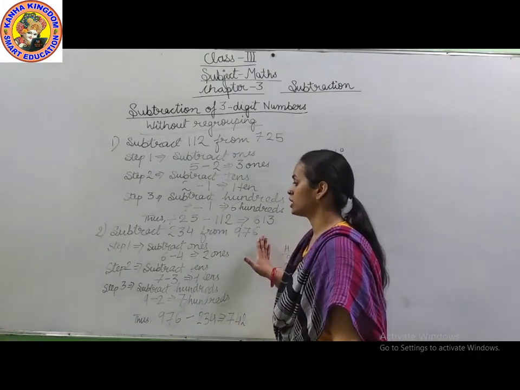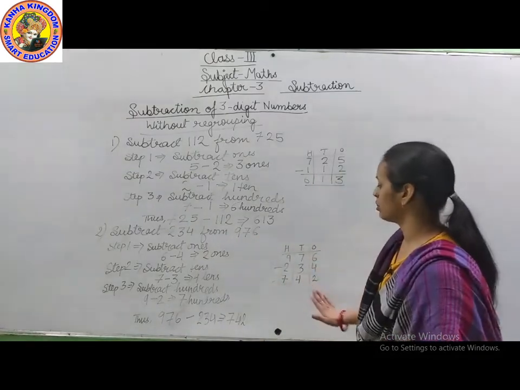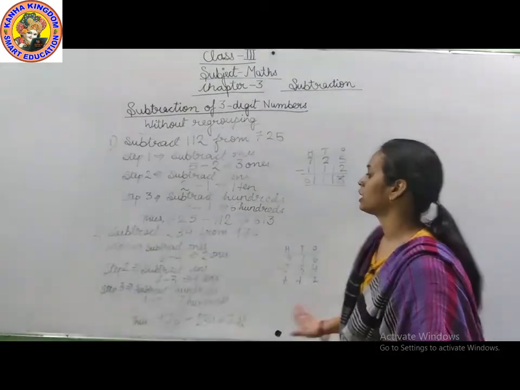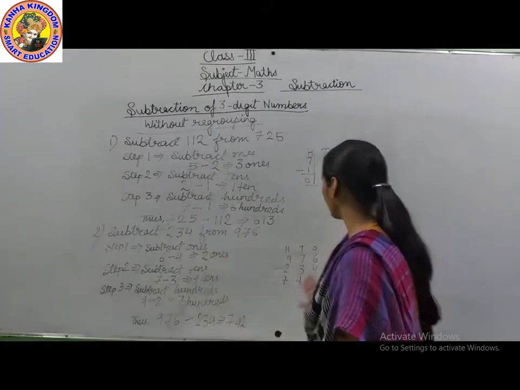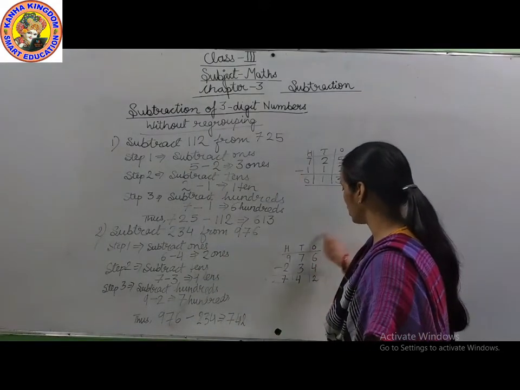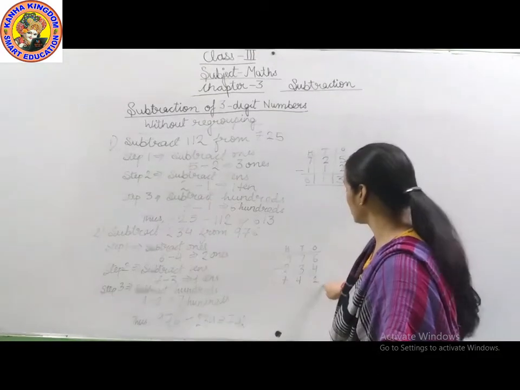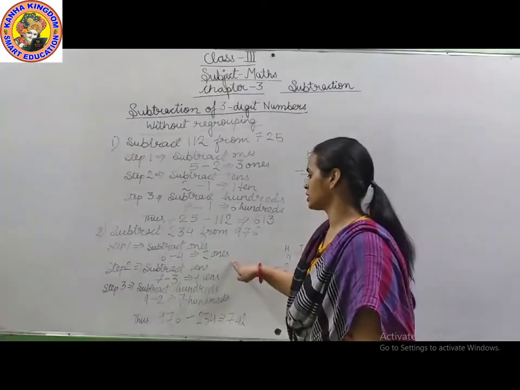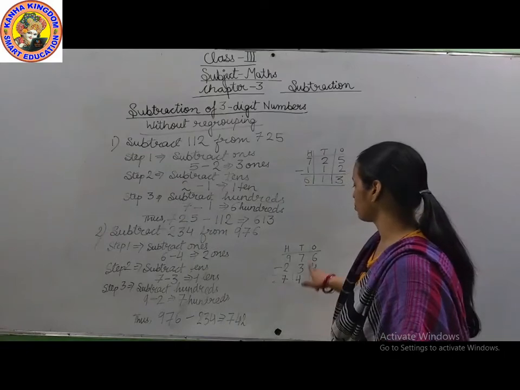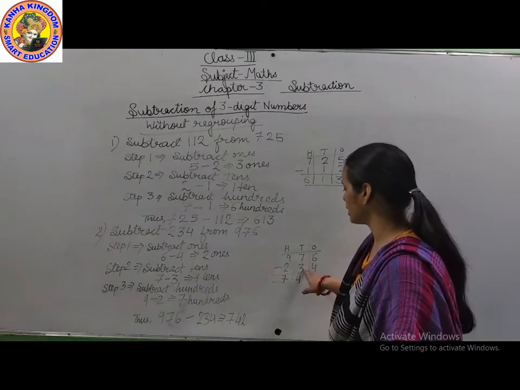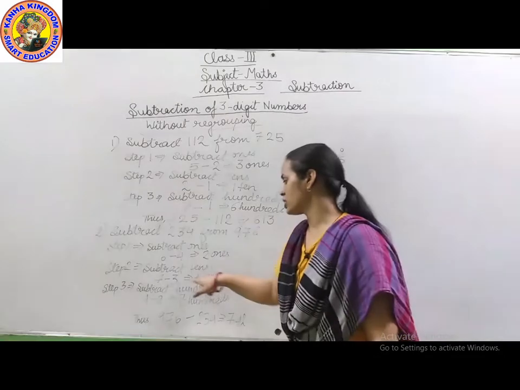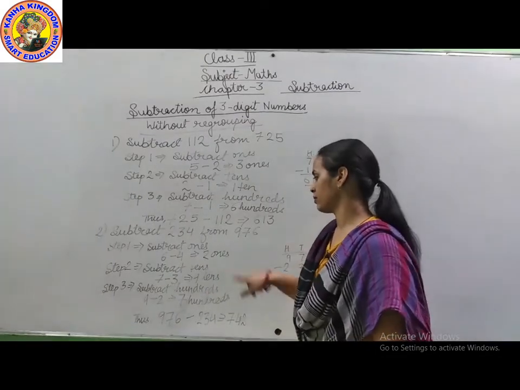And in the second question, subtract 234 from 976. First we arrange the numbers vertically. First step, subtract ones. So 6 ones minus 4 ones equals 2 ones. Second step, 7 tens minus 3 tens equals 4 tens.